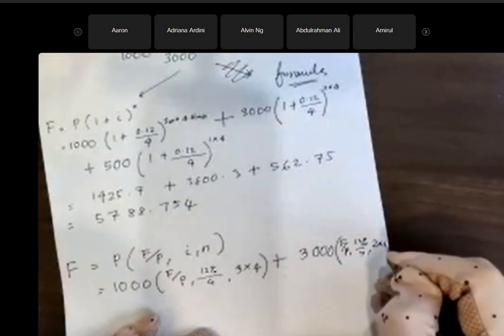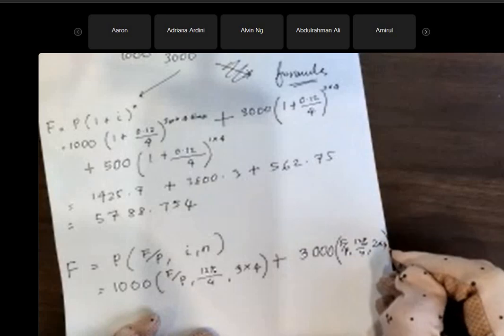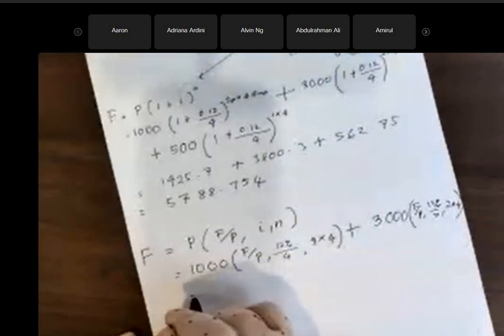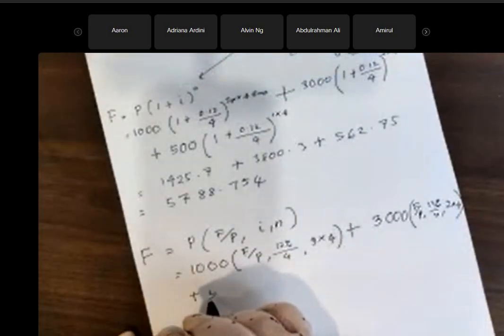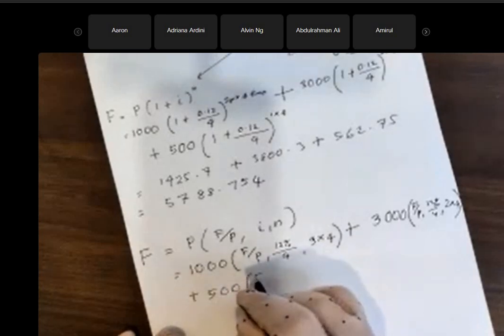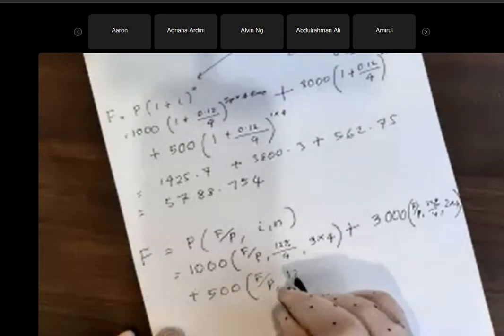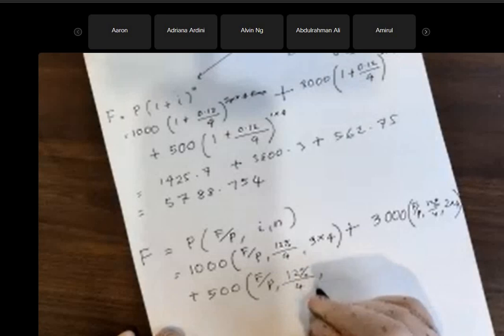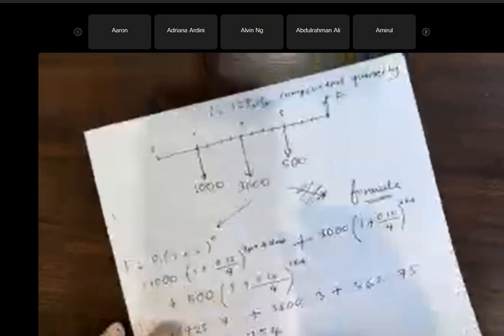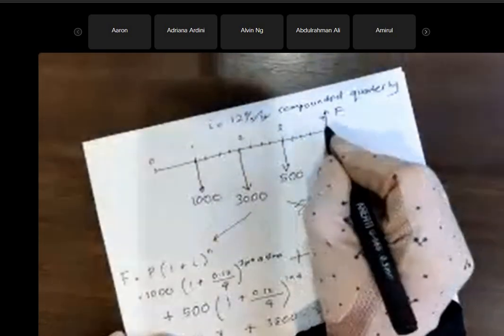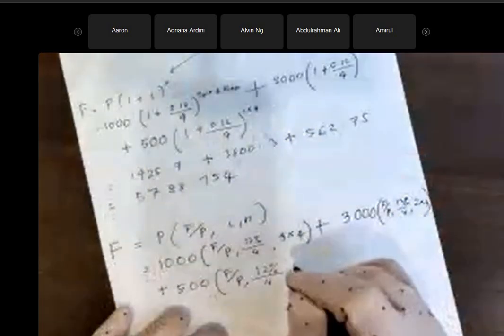Times 4. And plus 500 earlier. F over P, 5% per 4, and 1 year, times 1.